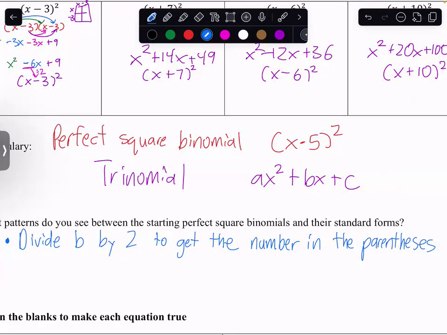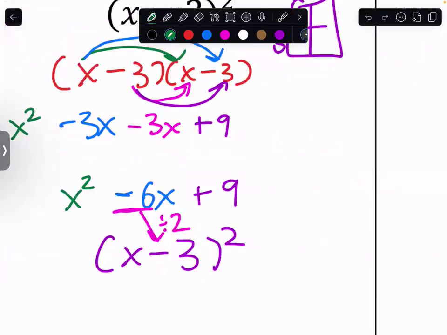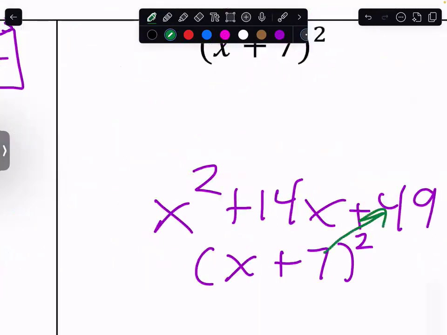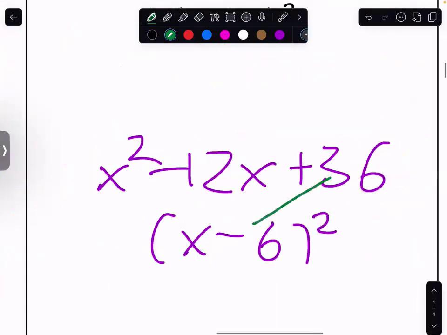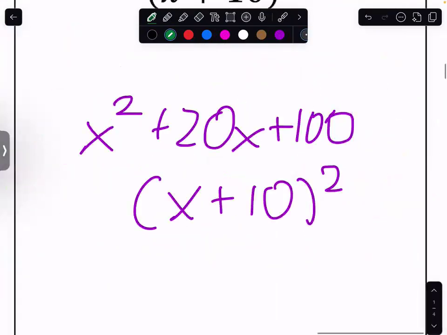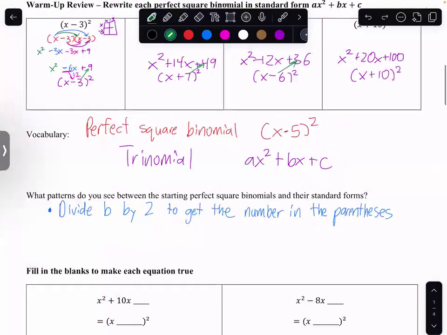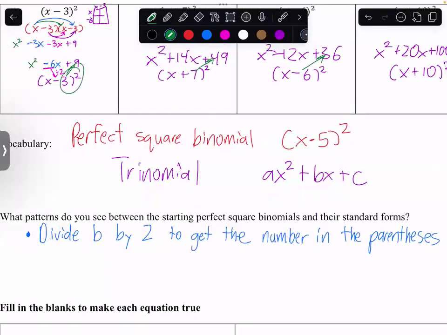So if we look at the problem, that number in the parentheses, if you square it, like 3 squared, that gets you the 9, right? And then over here, 7 squared is 49. -6 squared, negative times negative is positive 36. 10 squared, 10 times 10 is 100. Okay, so once we know the number in the parentheses, we square it or we multiply it by itself to get the C value. Okay, so that's our second pattern.